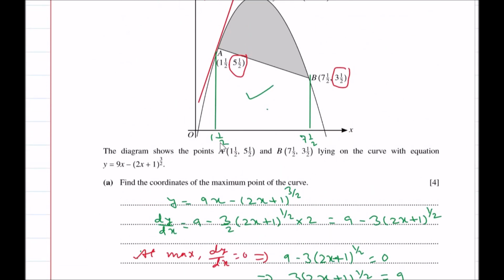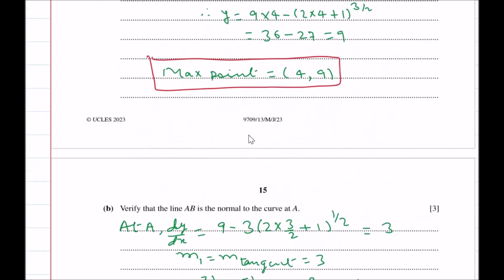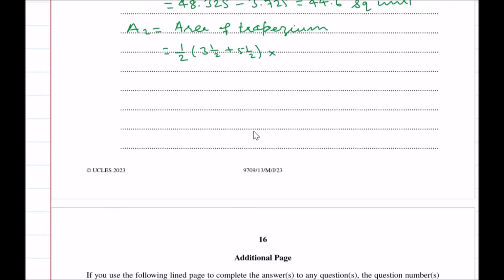Now what is the height? Here, this is the height for this. From here to here. And that is 1.5 to 7.5. That is, difference is 6. So, height is 6. Let me write here 6. And if you simplify, we get 1/2 into 9 into 6, that is 27 square unit.